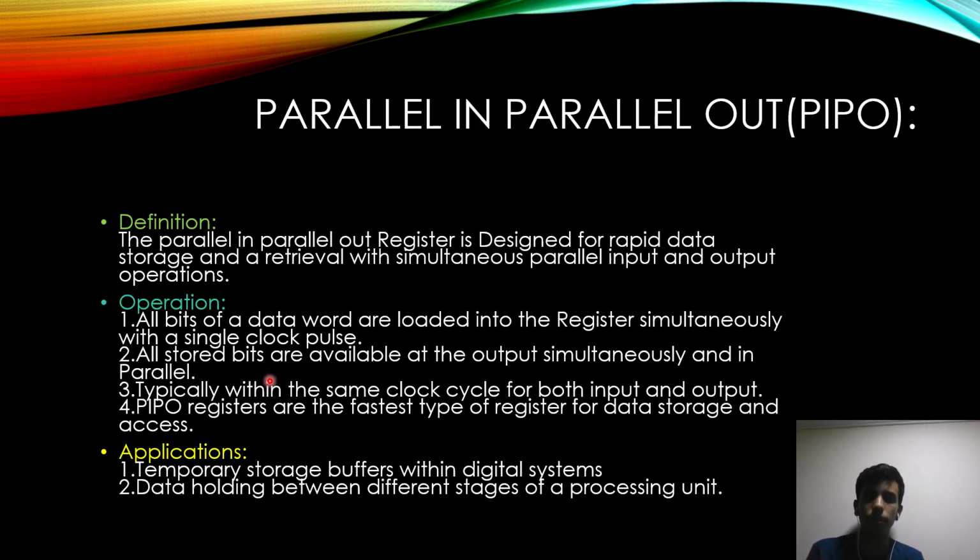All stored bits are available at the output simultaneously and in parallel, typically within the same clock cycle. PIPO registers are the fastest type of register for data storage access.